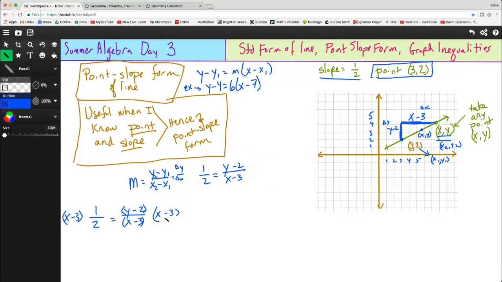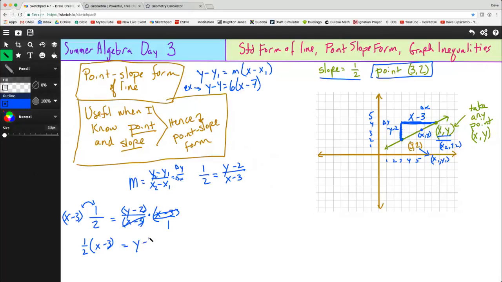Now, if I multiply fractions, that's like x minus 3 over 1. So if this is the same on the bottom, I can cancel that on the top. And so now I have 1/2 of x minus 3, because I'm going to use the commutative property and put my half in front, just because it's easier to read.